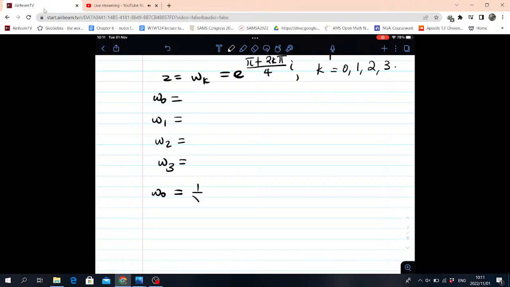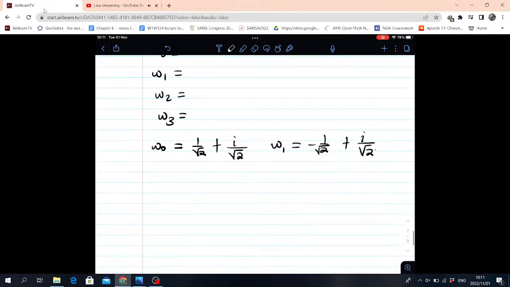You see that w_0 will be 1 over root 2 plus i over root 2, and then w_1 is minus 1 over root 2 plus i over root 2, and w_2 is going to be minus 1 over root 2 minus i over root 2, and then the last one, w_3, is going to be 1 over root 2 minus i over root 2, like that. So you can also draw them in the complex plane.